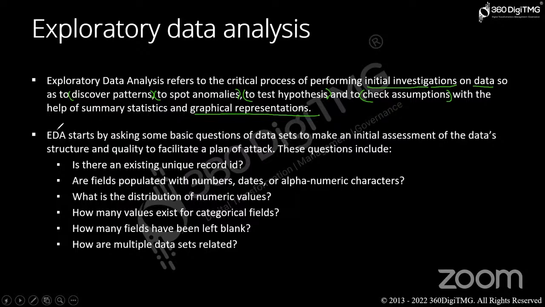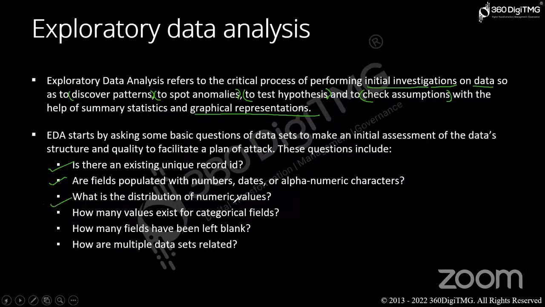What happens over here is EDA starts by asking some basic questions on the data sets to make an initial assessment of data structure and quality to facilitate a plan of attack. Now, these questions may include: is there an existing unique record ID? Are the fields populated with numbers, dates, or alphanumeric characters?